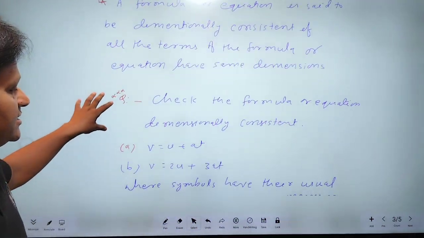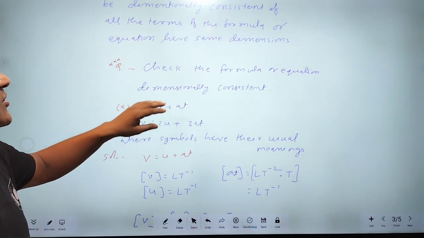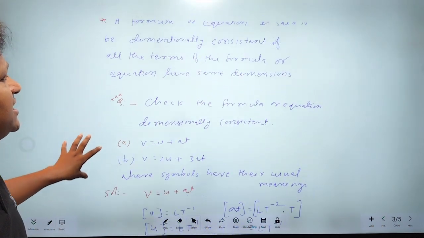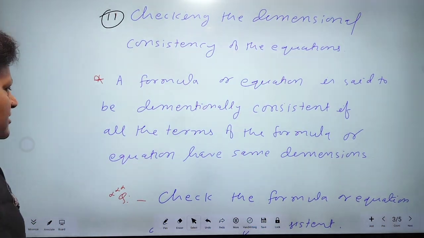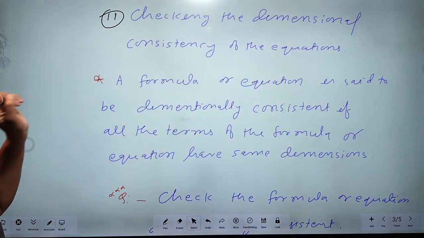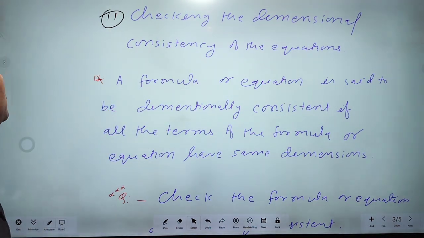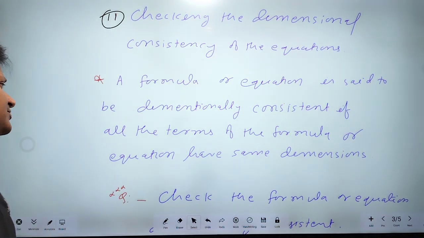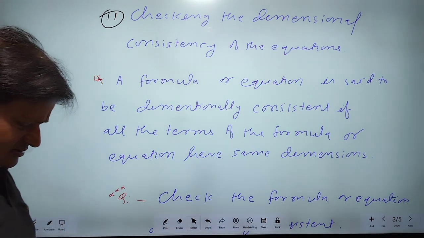I have written this point. This point is saying that a formula or equation is said to be dimensionally consistent if all the terms of the formula or equation have the same dimensions.